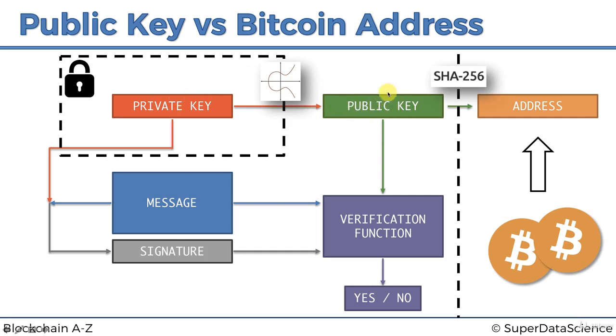But if you're protecting it with an additional layer of protection, which is the SHA-256 hashing algorithm, then even if somebody somehow reverse engineers this, you will have that additional layer of protection, because people will only have your address. They won't be able to get to the public key that quickly unless you've sent them money.